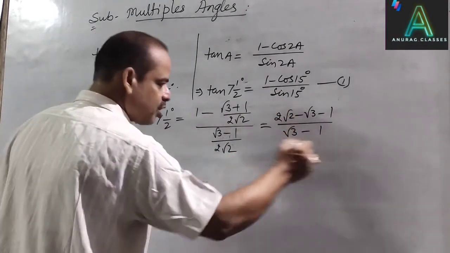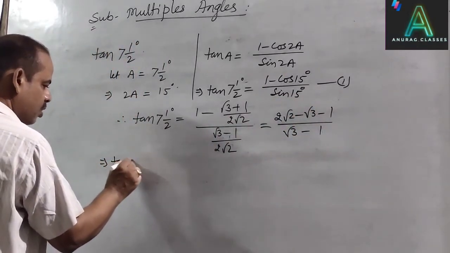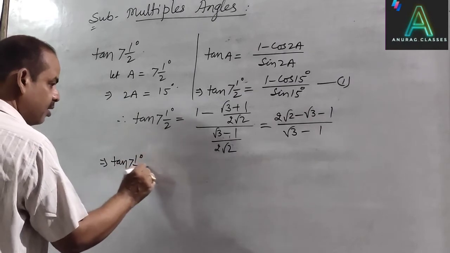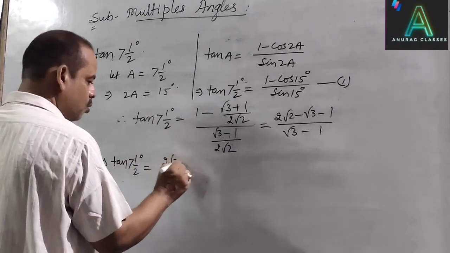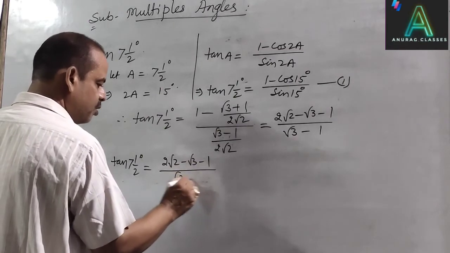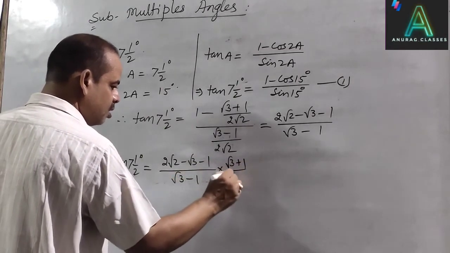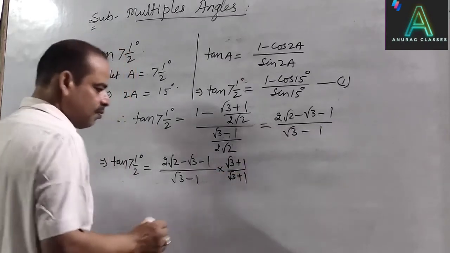Now I am going to rationalize these values. So tan 7.5 degrees will be (2 root 2 minus root 3 minus 1) divided by (root 3 minus 1), multiplied by (root 3 plus 1) over (root 3 plus 1).